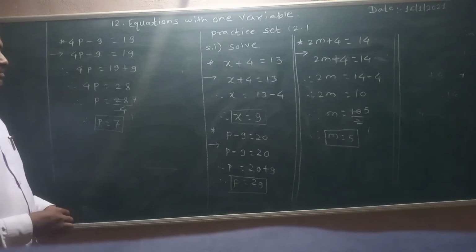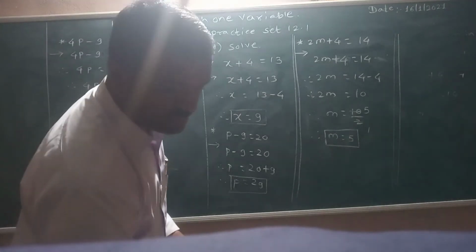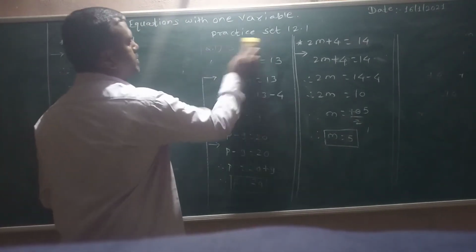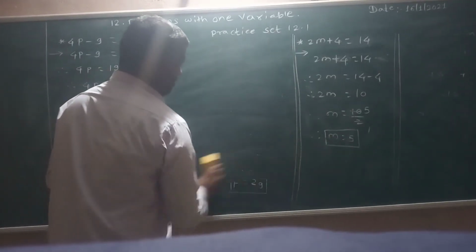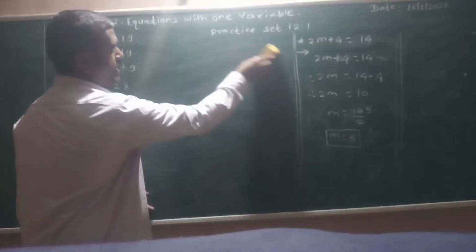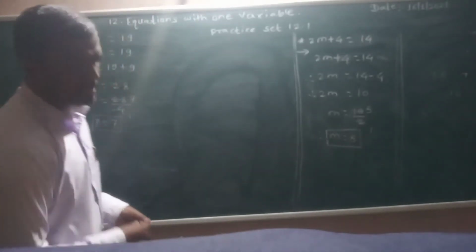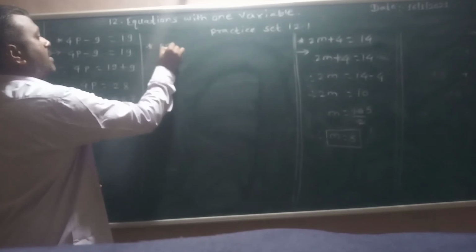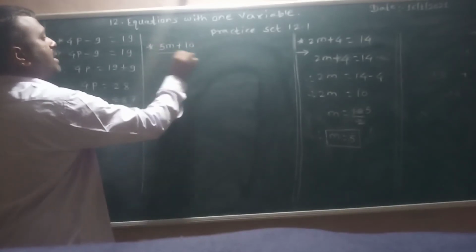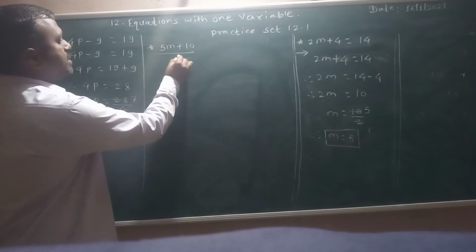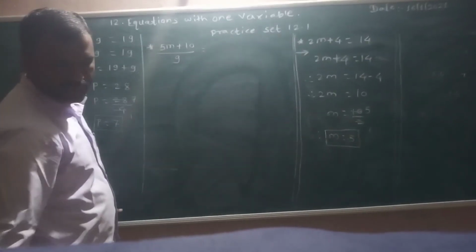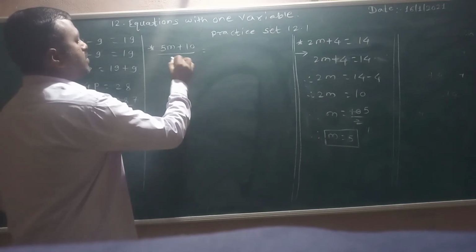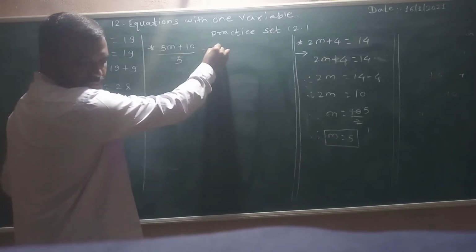Then the last equation, that is a very important one, we can find the answer of it. 5m plus 10 upon 5 is equal to 8.